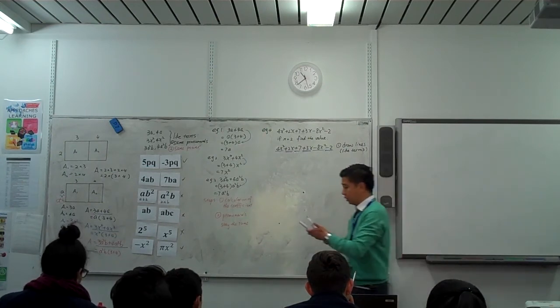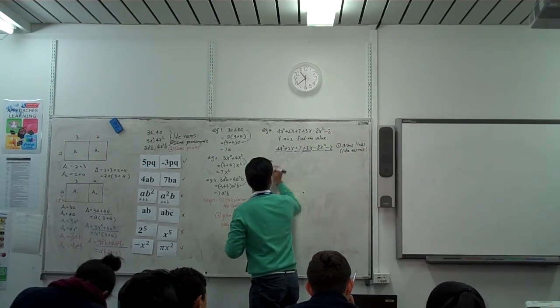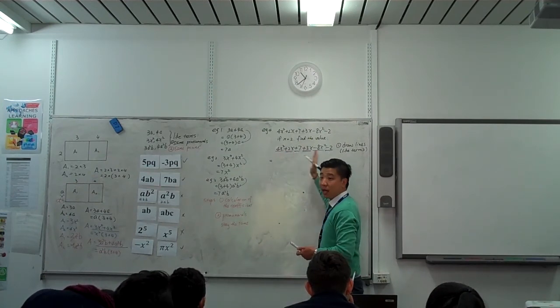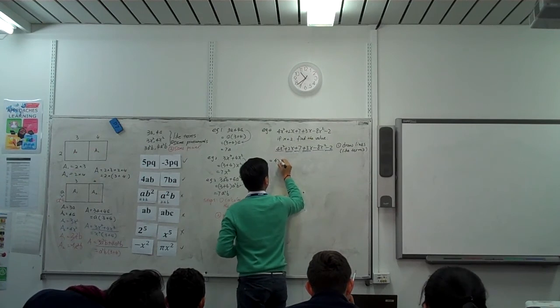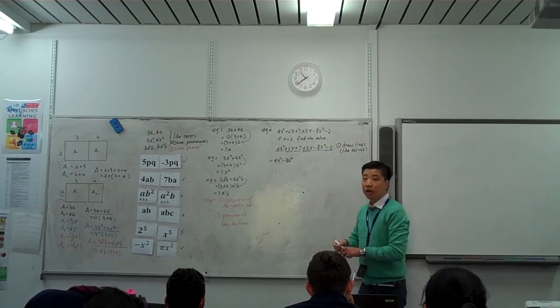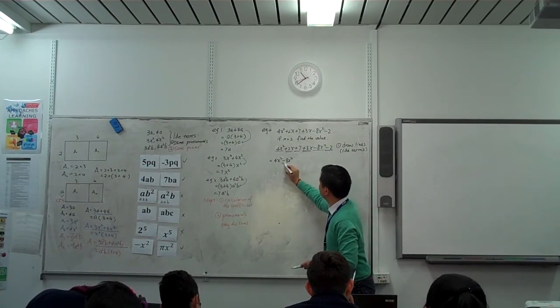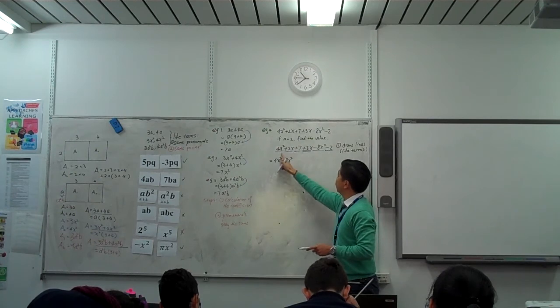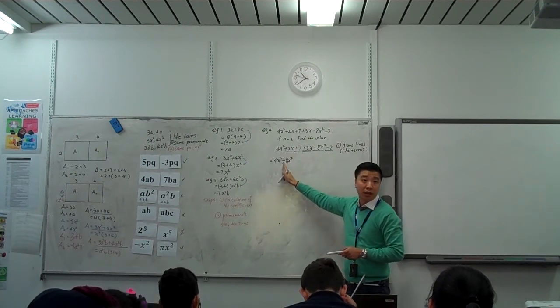Now the next step. We rearrange. We write one line together. That's why I want everyone to include the sign. When you rearrange, you need to put them together with the sign.